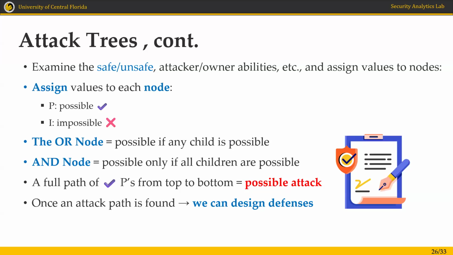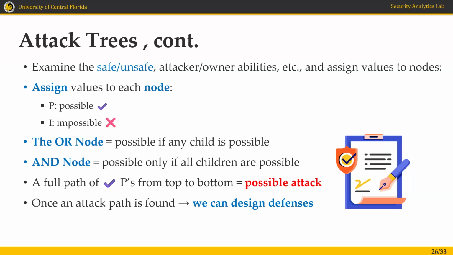We can also examine the safe and unsafe attacker/owner abilities and assign values to those nodes, whether it is possible or impossible. So the OR nodes are going to be possible if any child is possible, meaning any further nodes below are achievable, and the AND nodes are possible only if all children are possible.